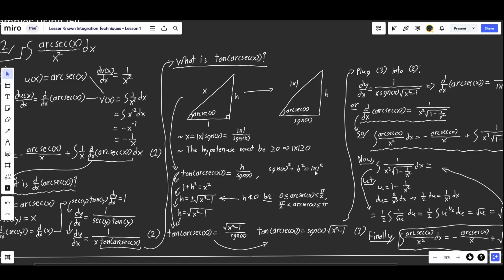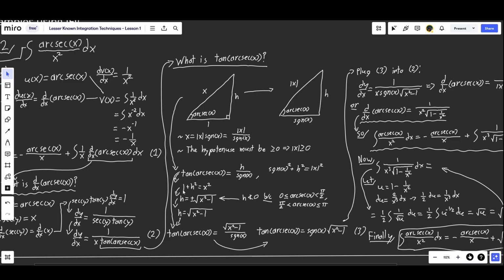And the absolute value of x squared is always going to be equal to x squared because x squared is always positive for real x.